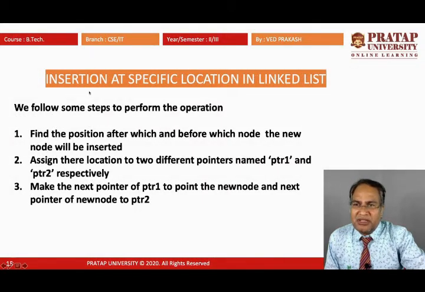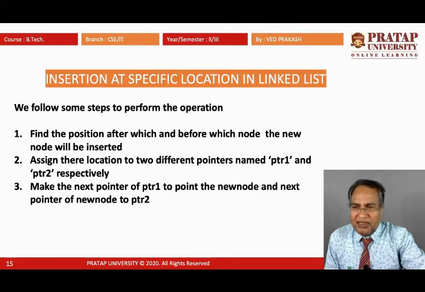Next process is inserting a new node at a specific location in the linked list. To perform this operation, we have to follow three steps. First step is to find the position, after which node and before which node the new node will be inserted.